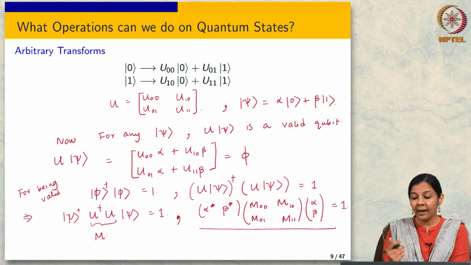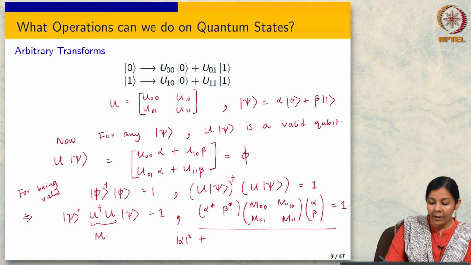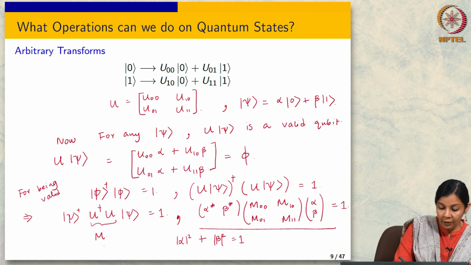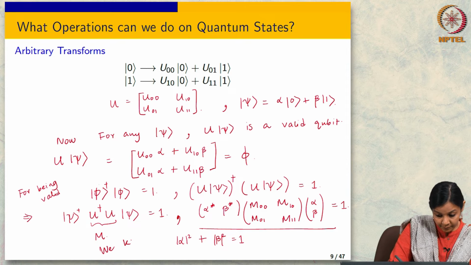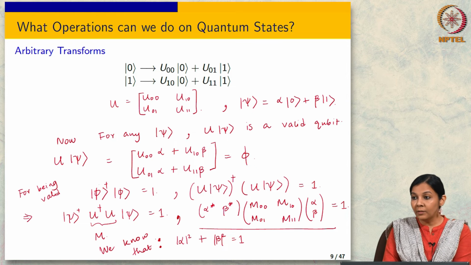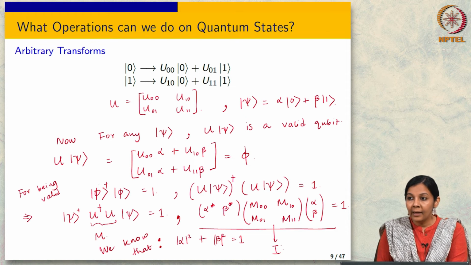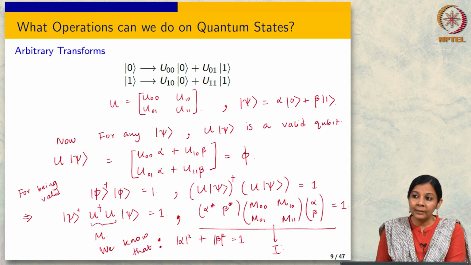He said that we already know that mod alpha squared plus mod beta squared is equal to 1, right. So, we know this. And what he is saying is that by using this property, I can actually conclude that this matrix is the identity. Do you all see why we can conclude this?